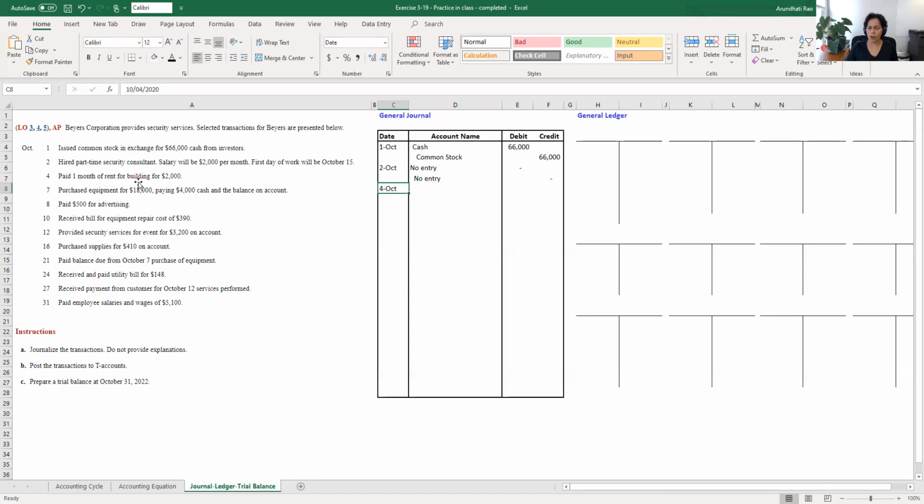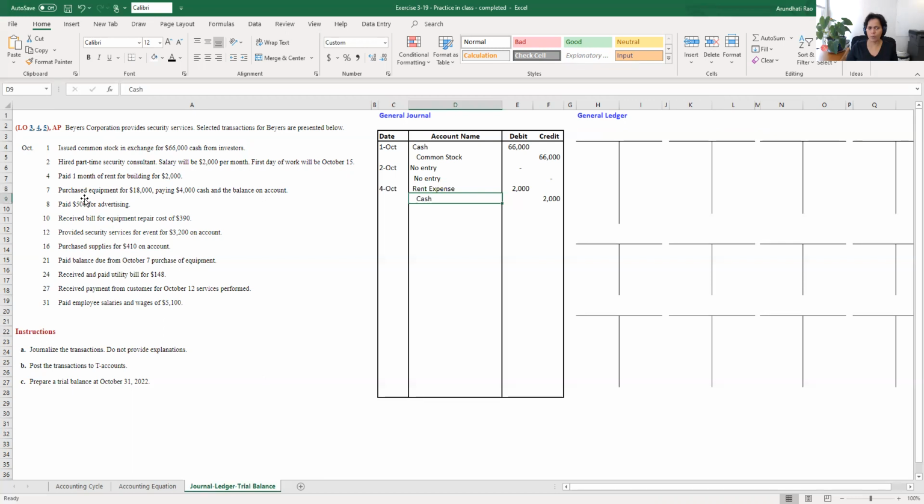I got to use the premises. So the account I'm going to debit is called rent expense, and the account I'm going to credit is called cash. And the amount we know is $2,000. So it's rent expense debit. Rent is a cost of doing business. It's an expense. We debit rent expense and we credit cash for $2,000.